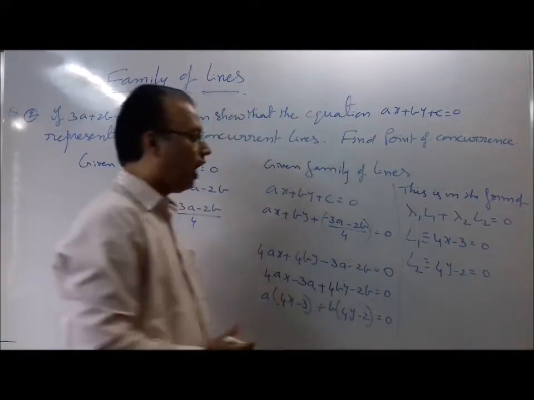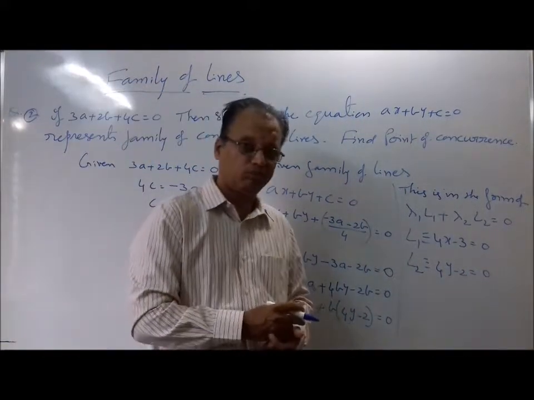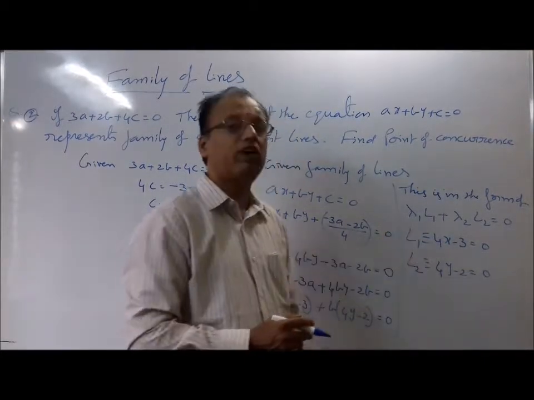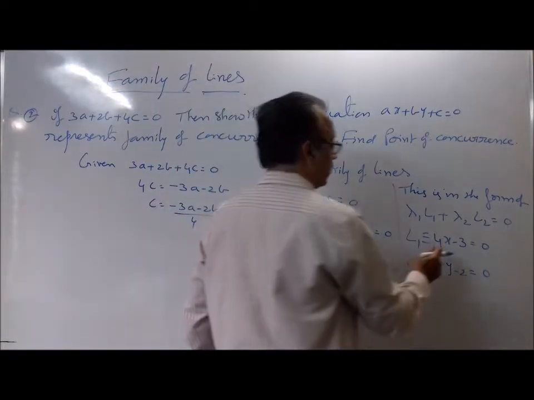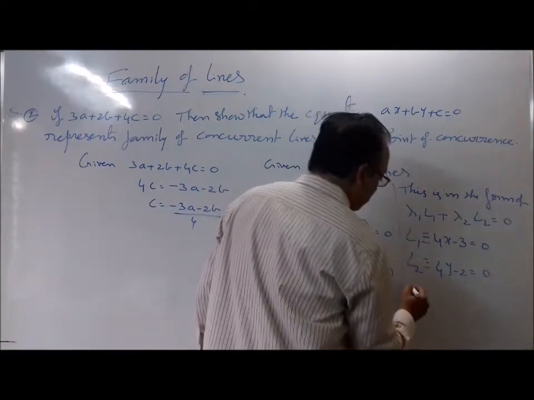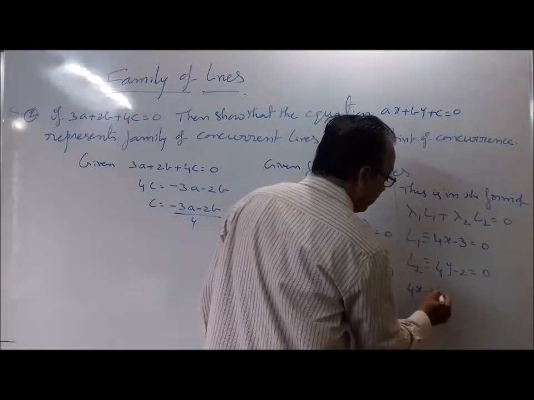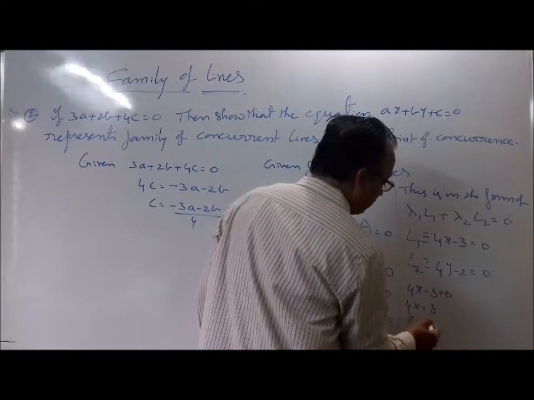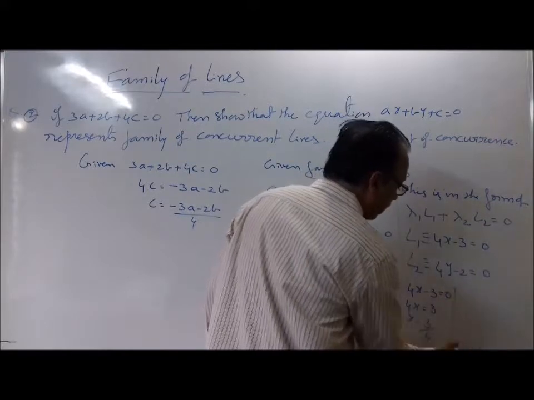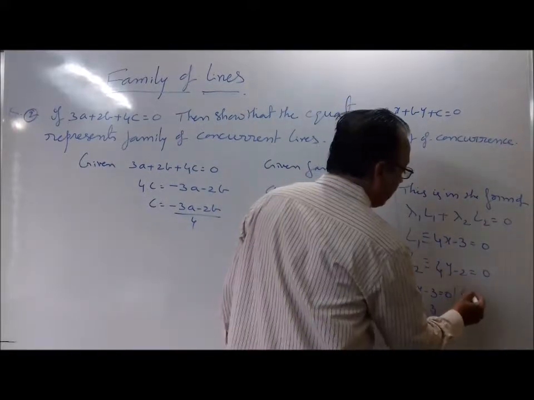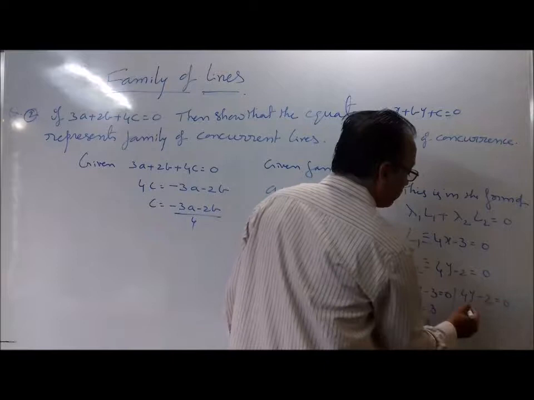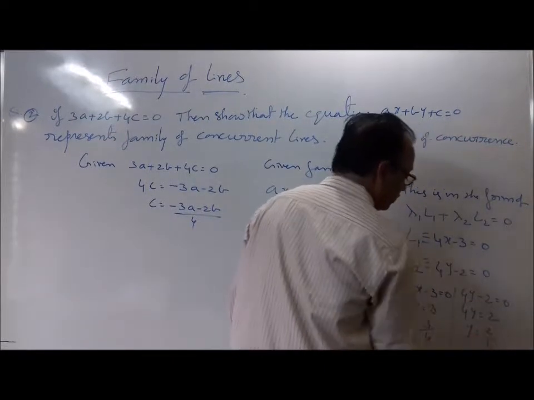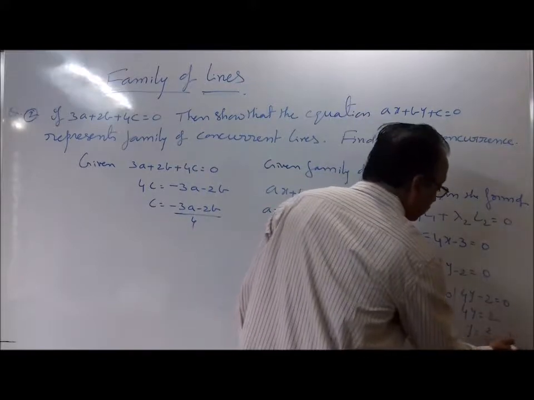So I have to solve these two lines. There is no y to eliminate, so directly you can find the point of intersection or point of concurrence. First of all, 4x minus 3 equal to 0 means 4x is equal to 3, x is equal to 3 by 4. Now 4y minus 2 equal to 0 means 4y is equal to 2, y is equal to 2 by 4, that is 1 by 2.